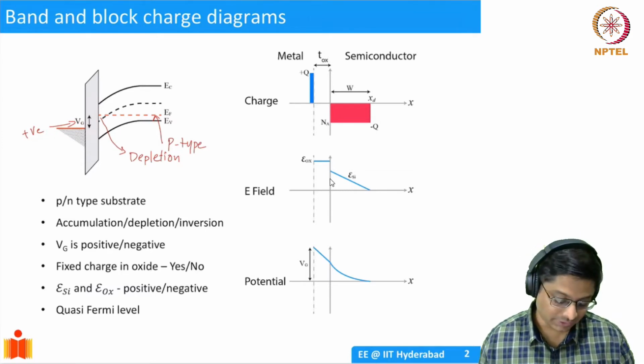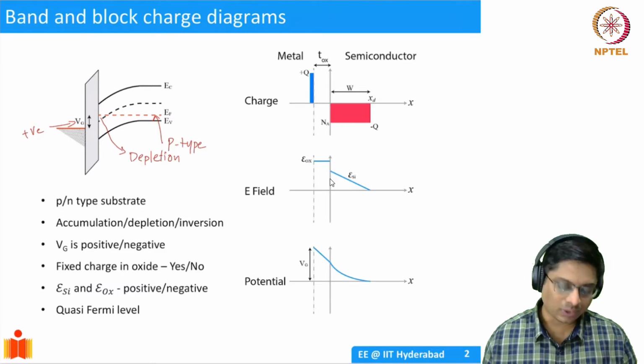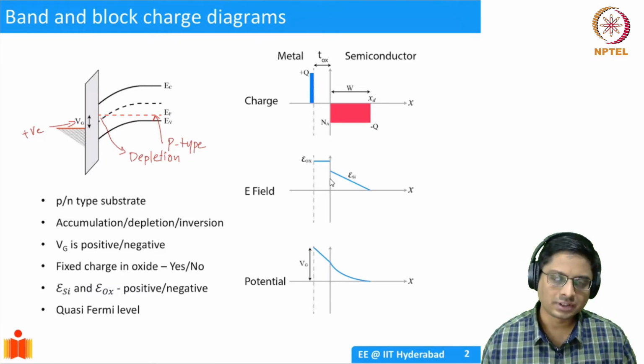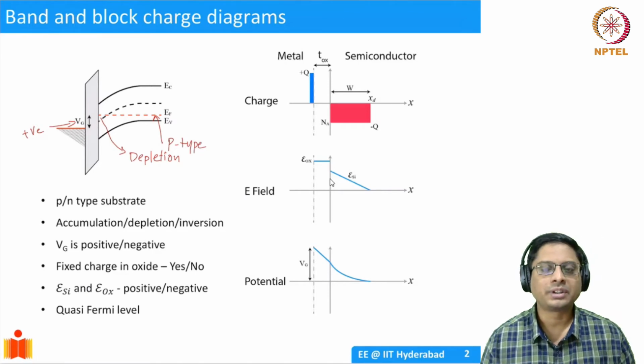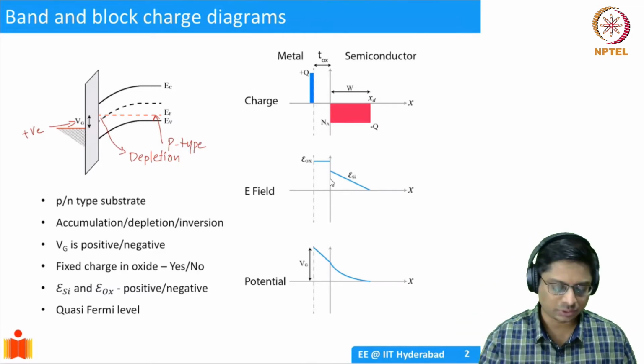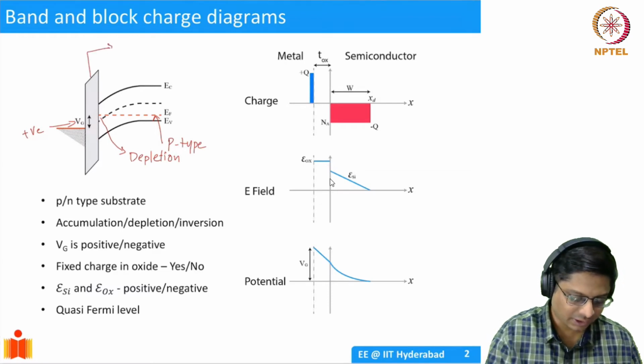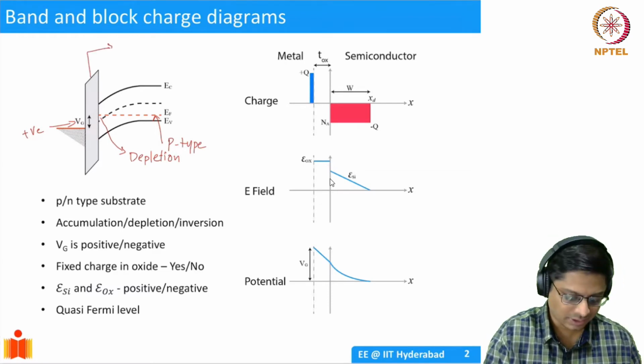And we could also ask, is there any fixed charge in the oxide in this case? What happens when you have a fixed charge? When we try to solve the electric field in the oxide, we have considered that dE by dx is equal to 0, because dE by dx is proportional to rho and rho is 0. There's no fixed charge. So whenever you have a constant electric field, this is a linear gradient, right?